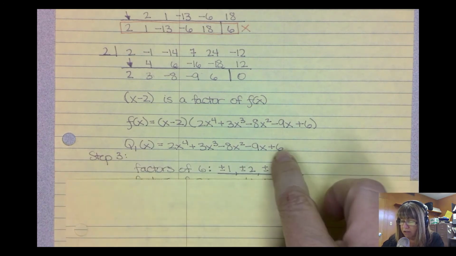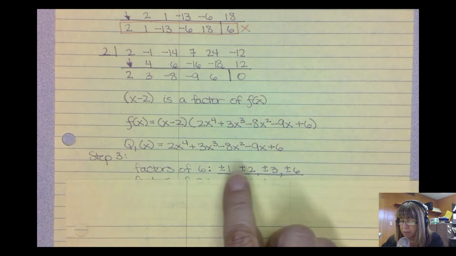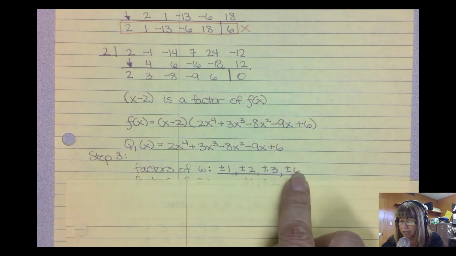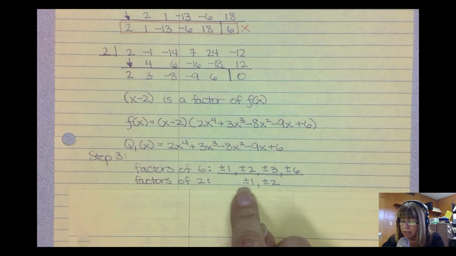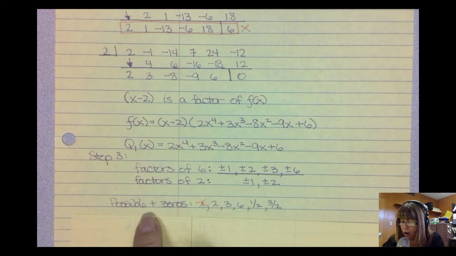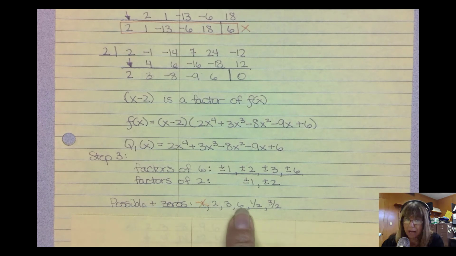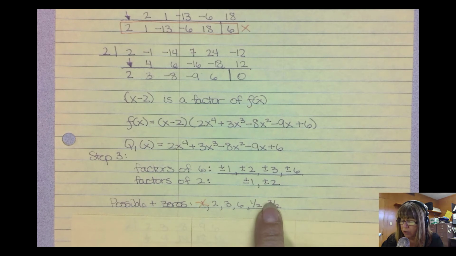All right, factors of this 6 are plus minus 1, plus minus 2, plus minus 3, plus minus 6. Factors of the 2, plus minus 1, plus minus 2. Therefore, our possible zeros could be 2, 3, 6. We're talking about the positive ones right now because we're still trying to find our upper bound. 2, 3, 6, 1/2, and 3/2.